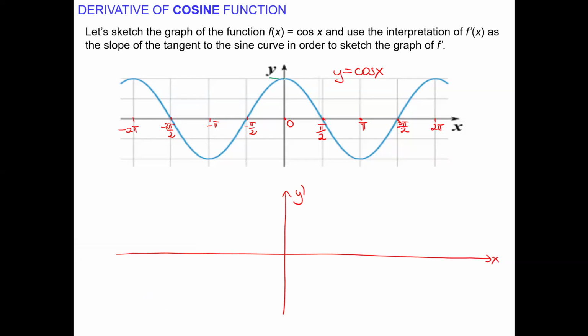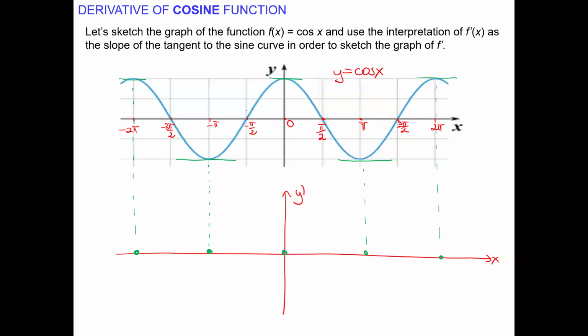Maybe I can use green color. At 0, horizontal tangent, then the value of the derivative will be 0. At pi, horizontal tangent, value of the derivative will be 0. At 2 pi, horizontal tangent, value of the derivative 0. At negative pi, horizontal tangent, then value of the derivative 0, and one more. Beautiful.